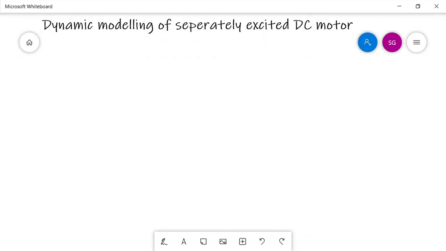Okay. So, what we discussed in the previous lecture, we discussed the block diagram of closed loop speed control of this motor. So exactly what we did, let us take a review of that.